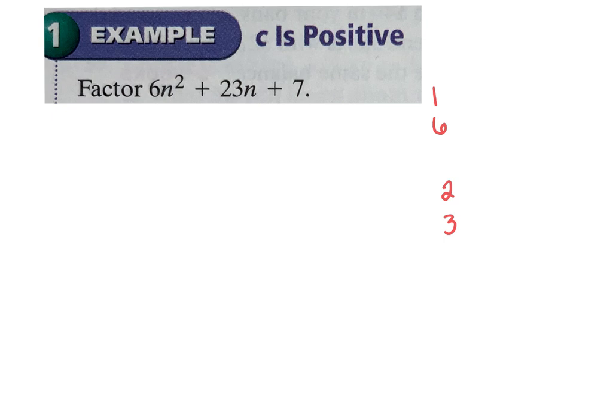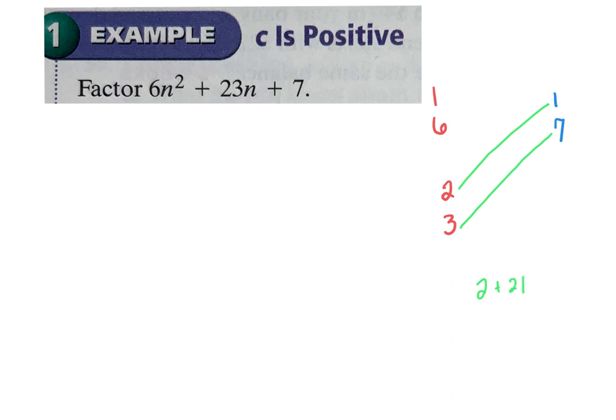And then I'm also going to have to list my factors of 7, which is just 1 and 7. And now I want to figure out how these add up to 23. If I were to pair the 2 to the 1 and the 3 to the 7, that would give me 2 plus 21, right? That's going to work.